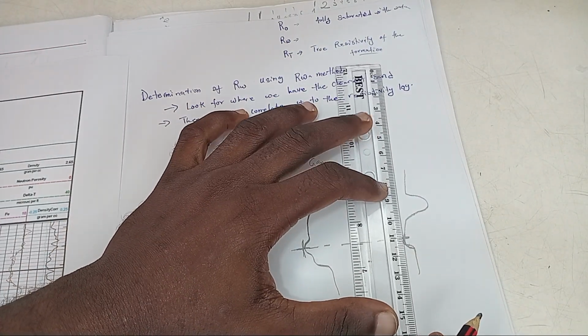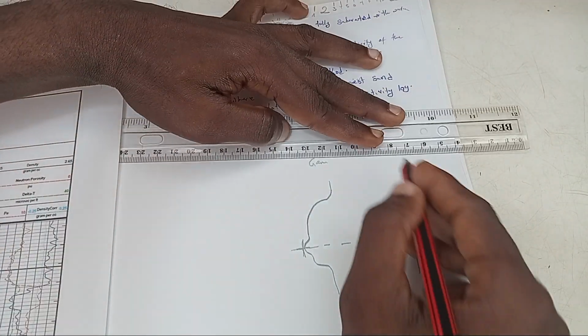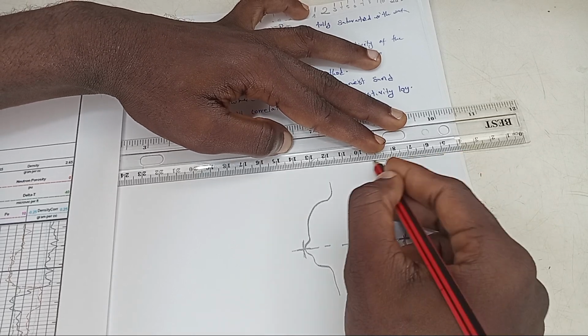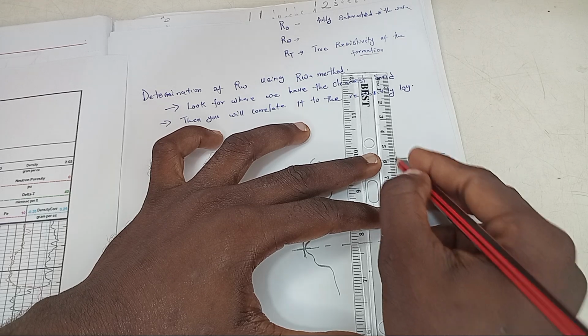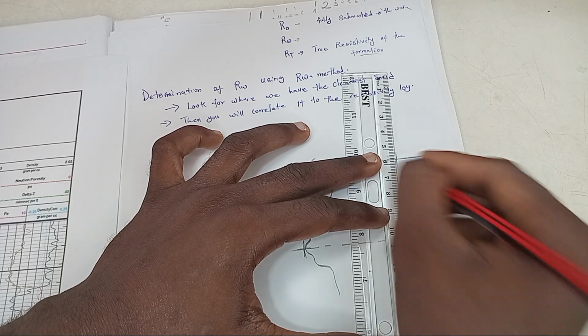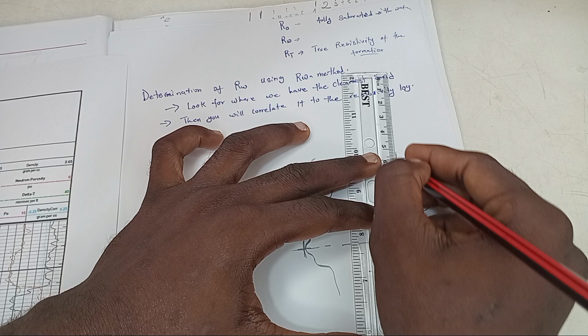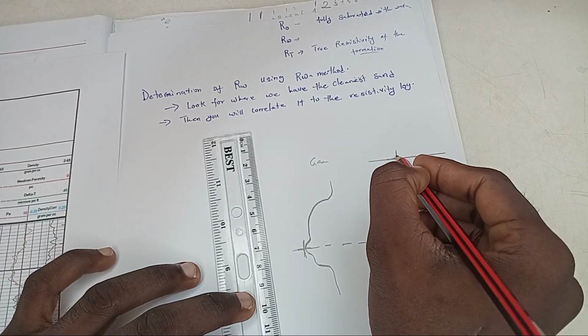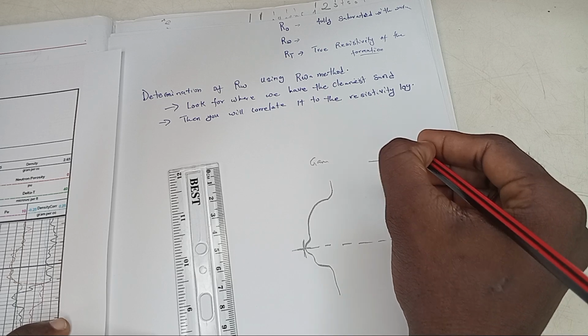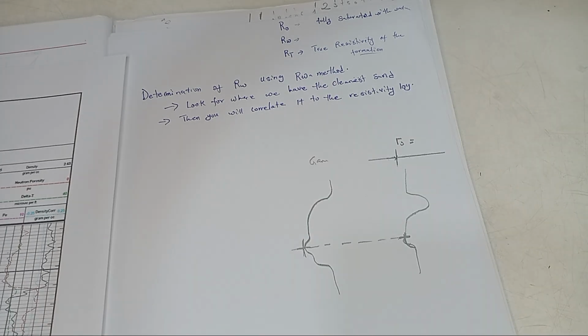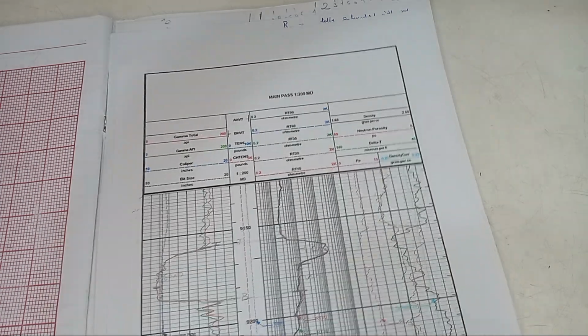Then you read it upward. You have a scale, and you get the reading upward. You correlate it: at what point on my scale does this line cut? So this point here is now your reading, your R naught.